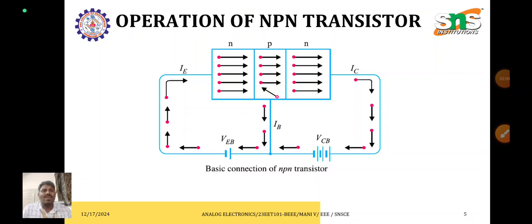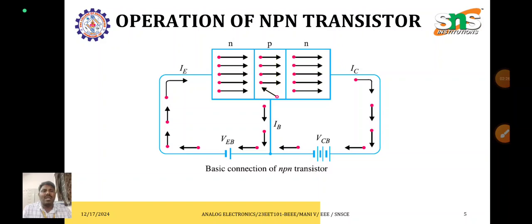For the emitter base junction we give forward bias, and for the collector base junction we give reverse bias. When the forward bias voltage is given, the negative terminal of the battery repels the electrons, so the electrons move from the N region into the P region, from emitter to base.